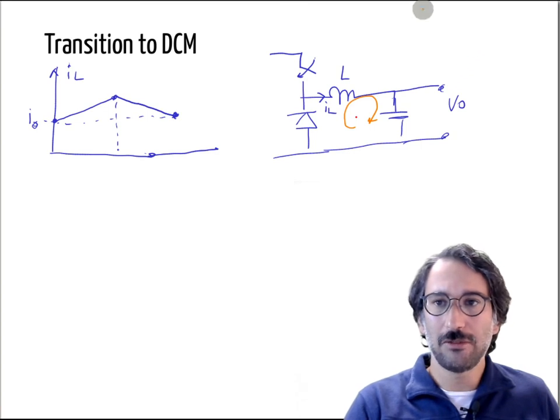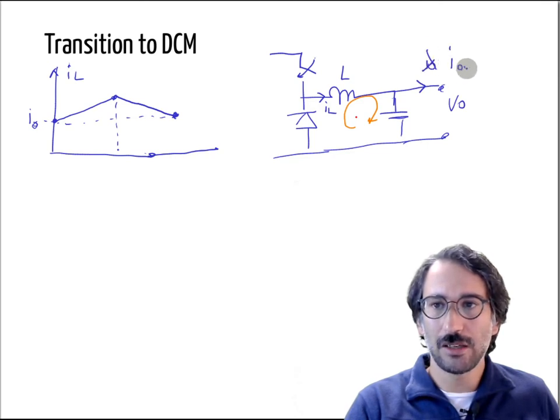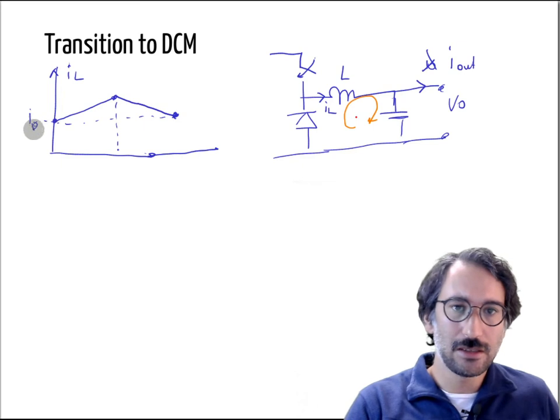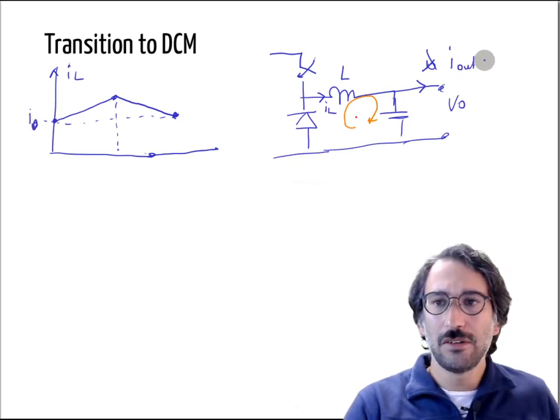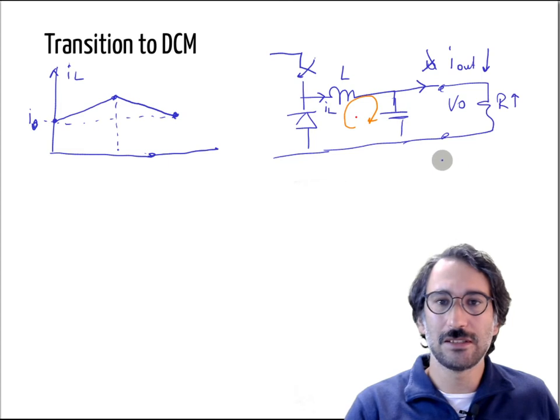What will happen if we reduce our load? Now let me say not I out, this is I0. If you reduce your output current, so let's say you have a resistive load, maybe that resistance is going up.